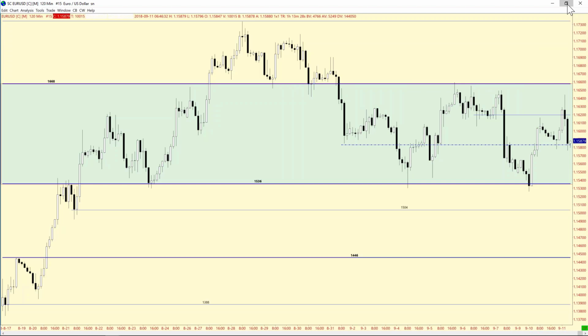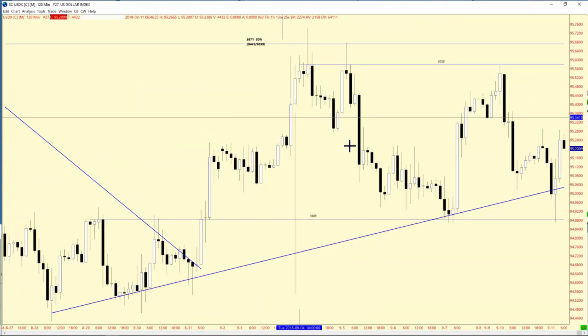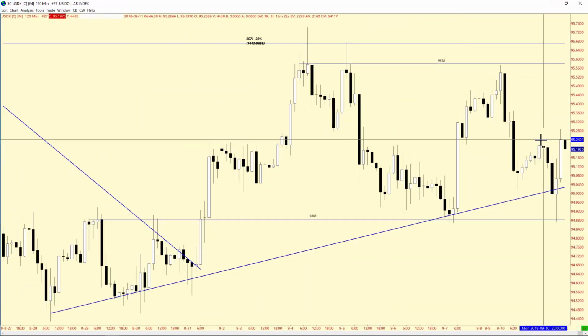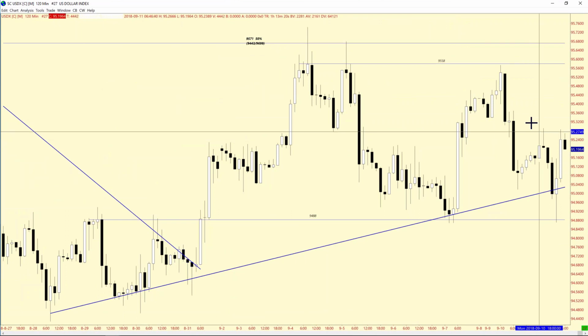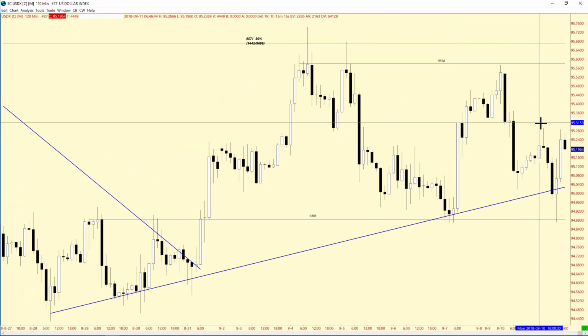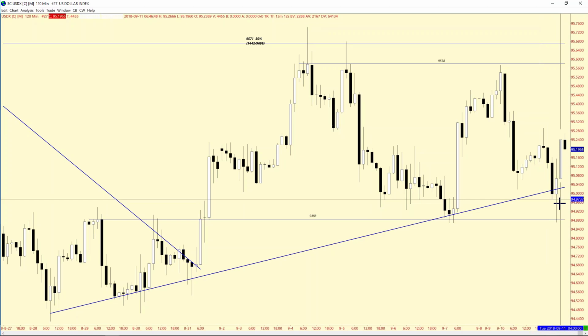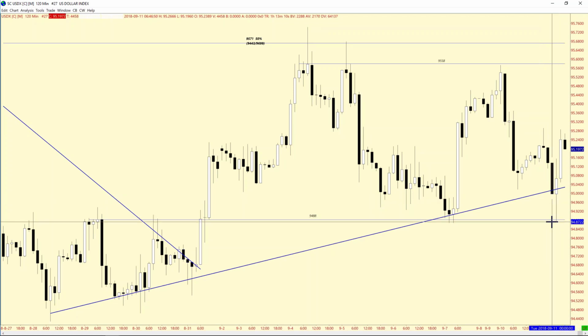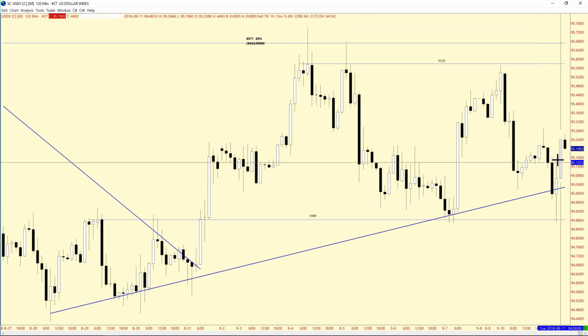On the upside, you get above this. We talked about this in Asian trading, or actually I posted the analysis in Asian trading. The importance is 95.32, and sure enough, the market ran out of steam 2 ticks before, and then we turned around and subsequently lost 40 ticks. Now we've turned around and bounced up nearly 35 ticks.